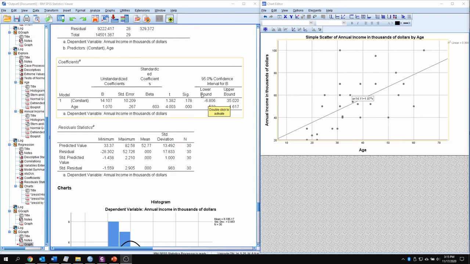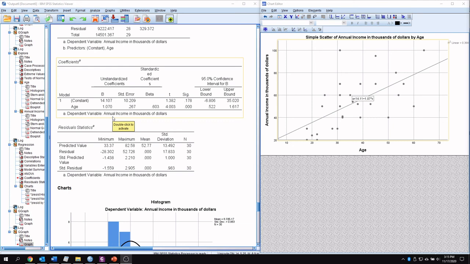What's going to be a much more useful number for us is this unstandardized coefficient for the age row, and that's represented by a 1.07. And we can see here that the slope of our line is 1.07, and that is indeed our line, 1.07x plus 14.11.